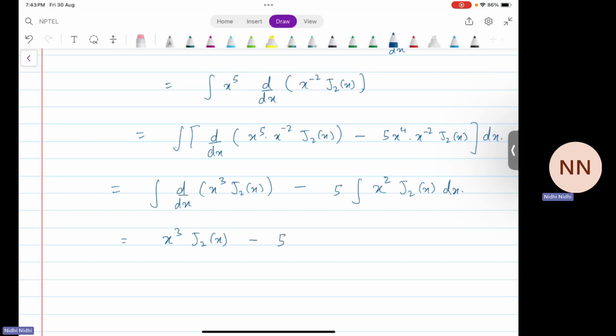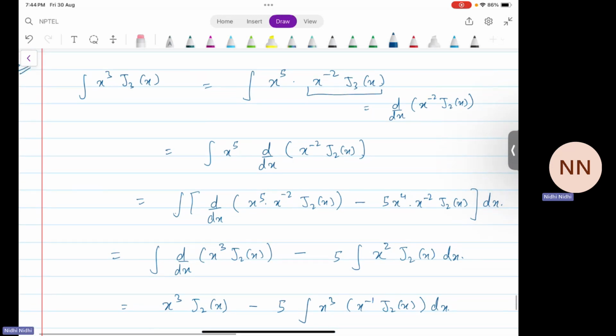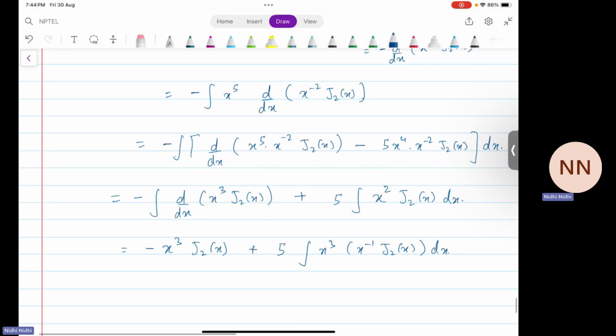Now we want to move from alpha equals 2 to alpha equals 1. So we'll write it as x cube x power minus 1 J2x dx. So this was minus here. So we'll have a minus here, a minus here, a minus here, and a plus here.